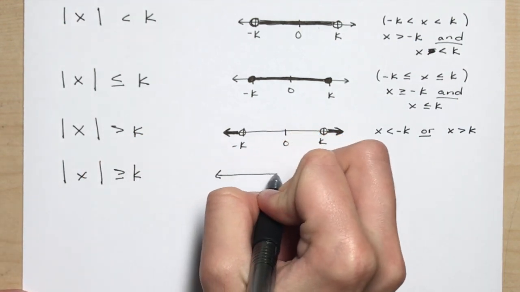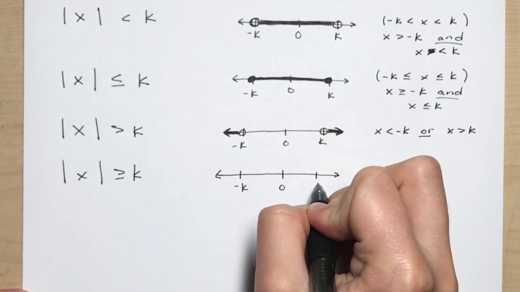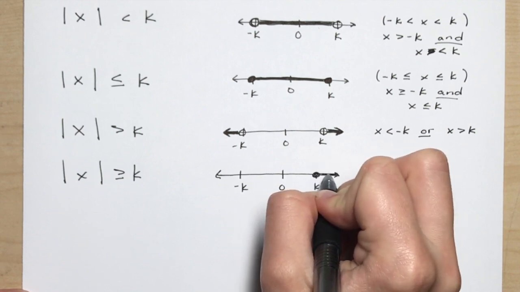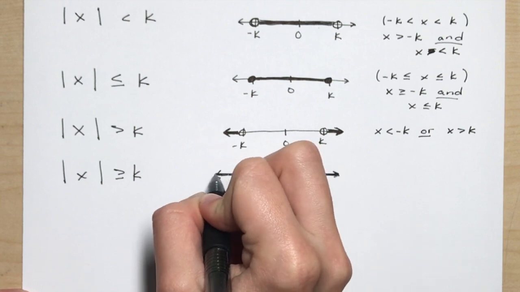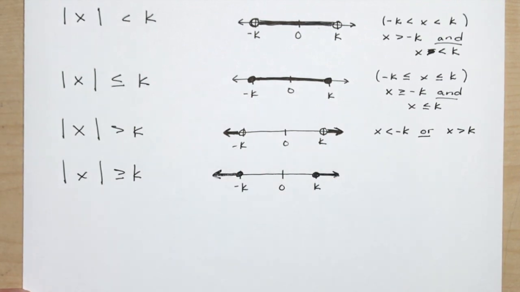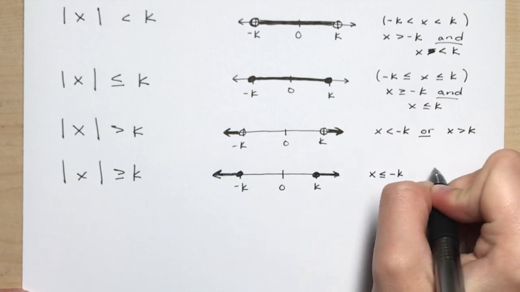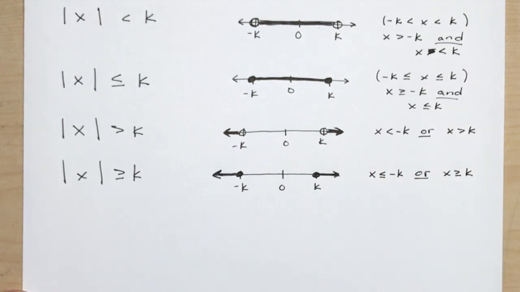Similarly to before, we just add closed points, because now we're including that distance of k in our allowable distances. So x is less than or equal to negative k or greater than or equal to k.